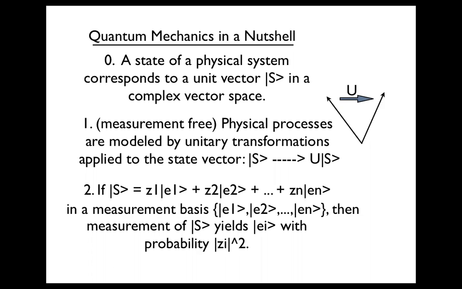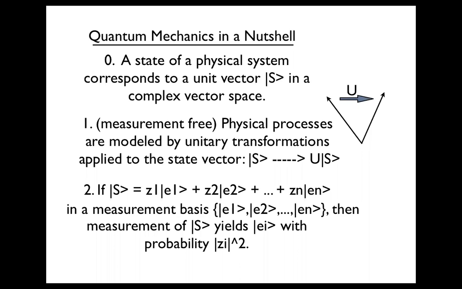Yes, it is, right. So I want to summarize quantum mechanics, and here it is on one page. The state of a physical system corresponds to a unit vector in a complex vector space.